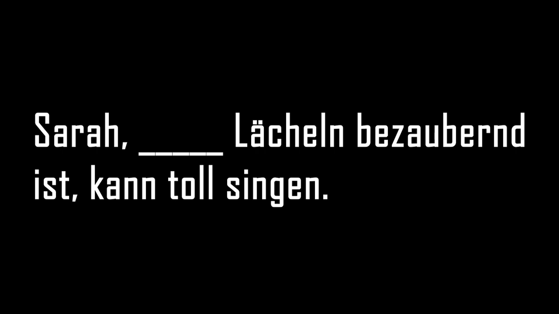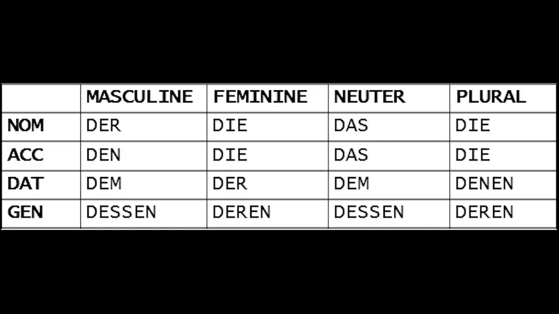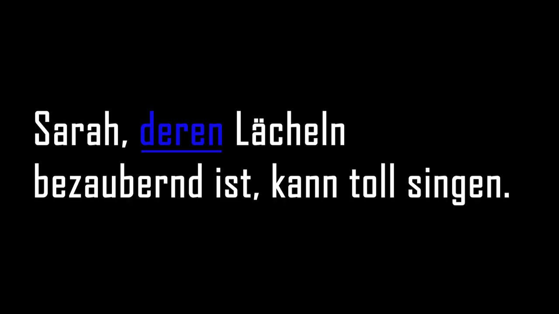It's her smile. It's linking her twice. Remember, she has a smile, a fantastic, adorable smile, and she also can sing. So we're looking for genitive feminine, which is deren. Sarah, deren Lächeln bezaubernd ist, kann toll singen.